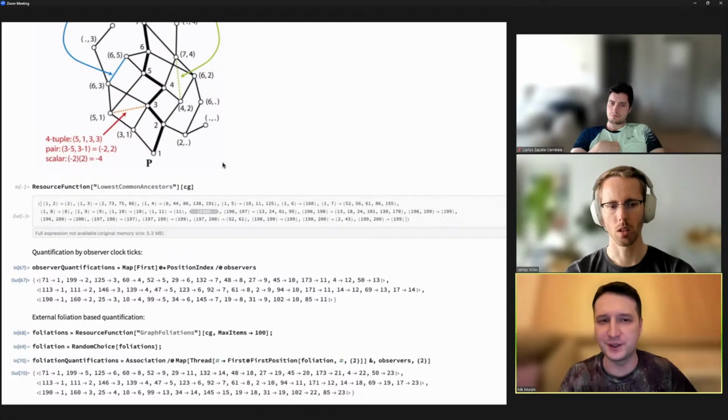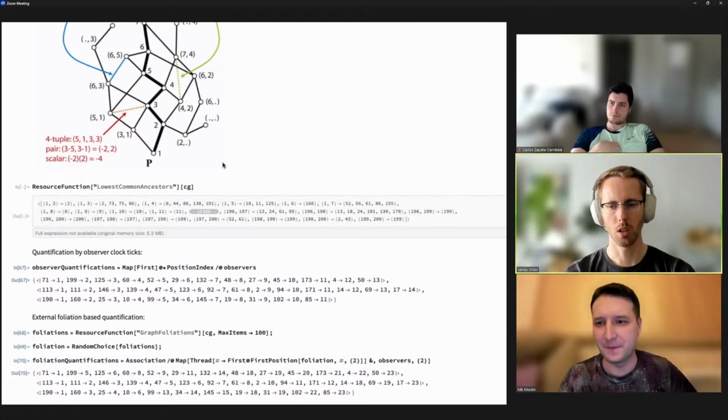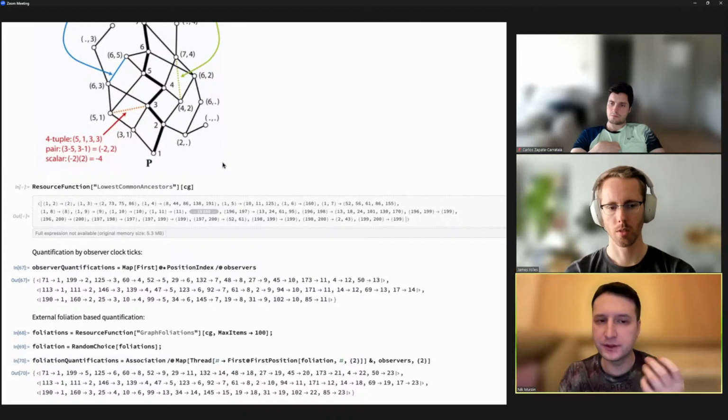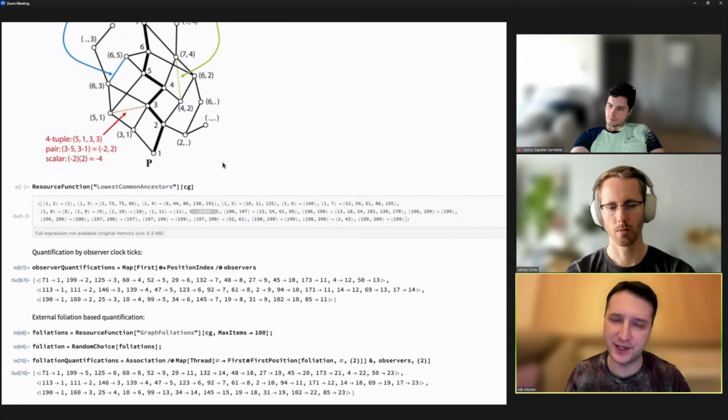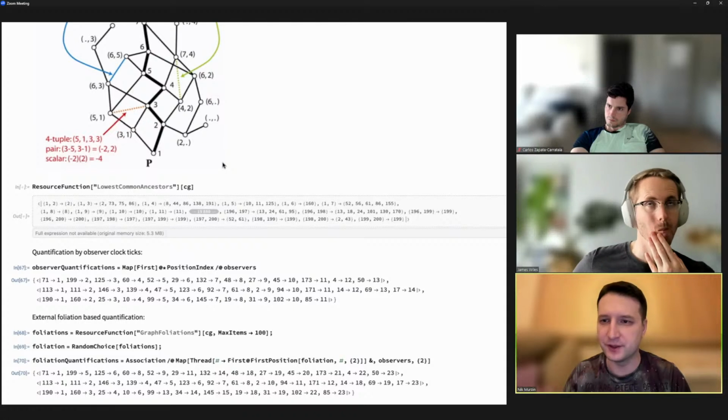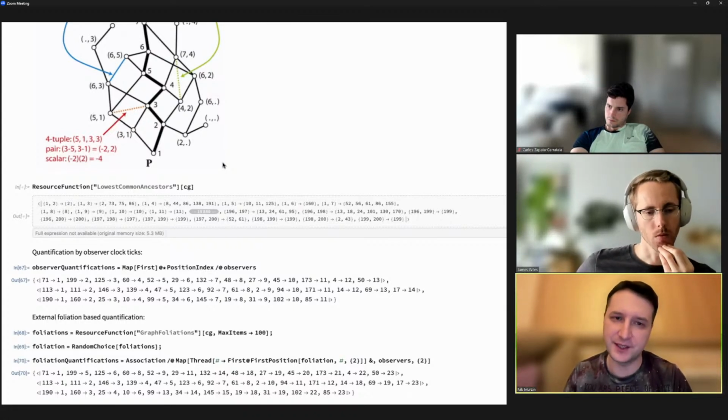So three observers. Is that also the minimum you need in order to make these claims? You need that third observer or that third reference? Well, it would depend on the space-time geometry, this discrete geometry. If it happens to be enough to have three chains to quantify each event and they all agree, and it doesn't matter which three you choose, then there's some indication that the actual space-time is three-dimensional.